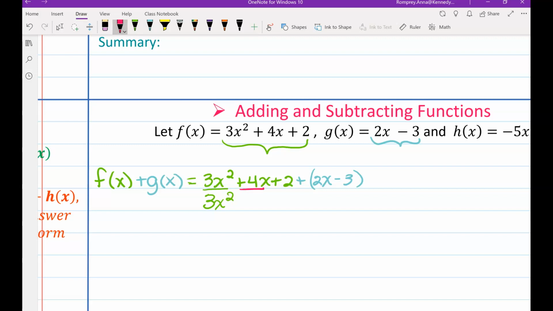I have positive 4x and a positive 2x, so I have positive 6x. All right, and then last but not least, let's look at our constants. Positive 2 and a negative 3, so positive 2 plus negative 3 gives me a negative 1. So f of x plus g of x equals 3x squared plus 6x minus 1.